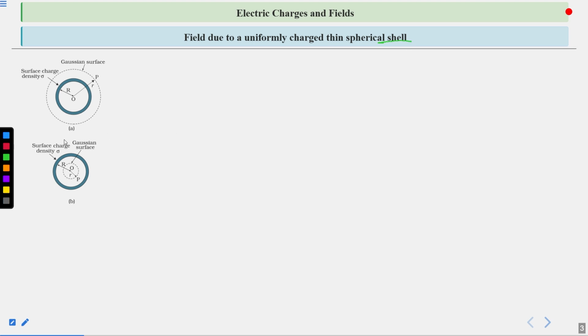Our first key point is a point inside the spherical shell, which means r is less than R. Second is a point outside the spherical shell, which means r is greater than R. Here small r represents the point and capital R represents the radius of the thin spherical shell.